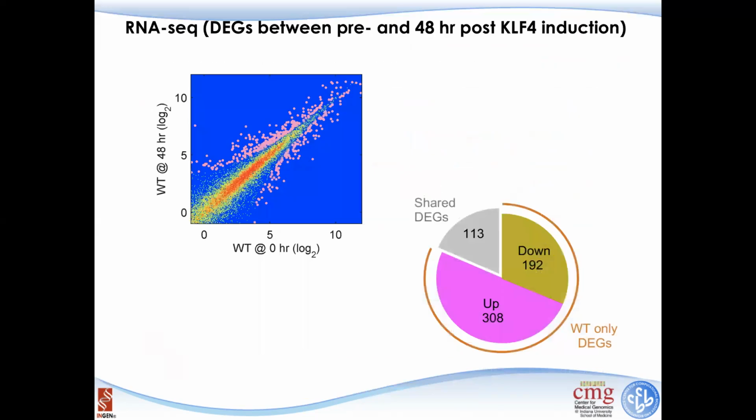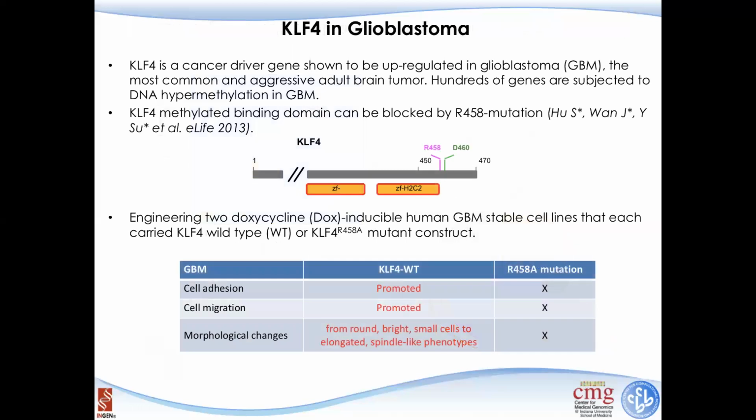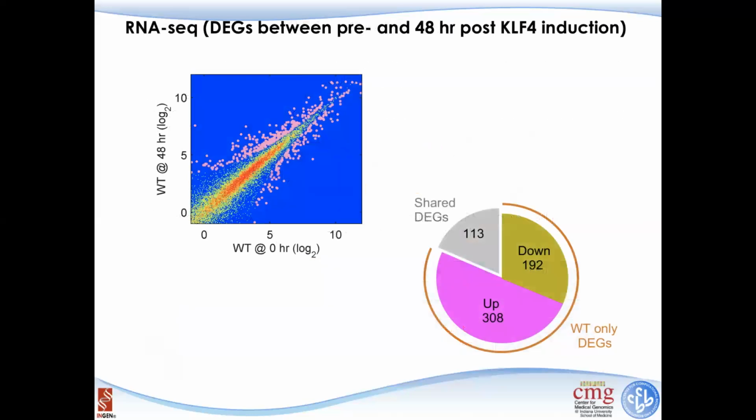But then they found that the cell type is very different. The phenotype is very different. And what we do, first we want to know what the targets of KLF4 methylated binding are. So if we want to find exact targets, especially in terms of gene expression, definitely we will do RNA-seq.